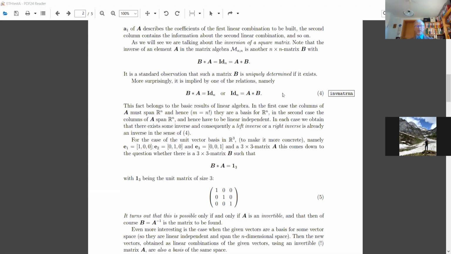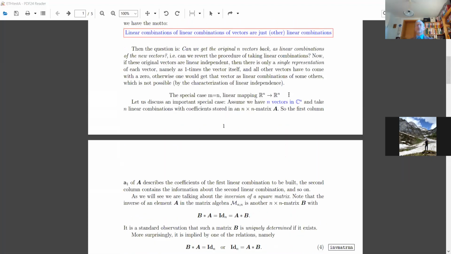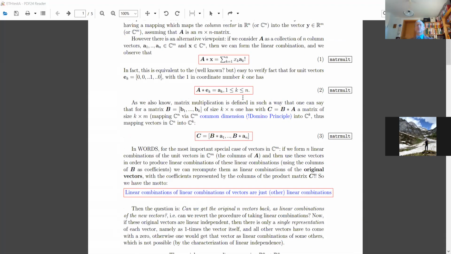And I would like to say, well, we have the following situation. Going back to the first relationship, the columns of A are a way to store the information about the linear mapping in an efficient way. Because of the linearity, knowing the matrix at the unit vectors is all you need to know the matrix.